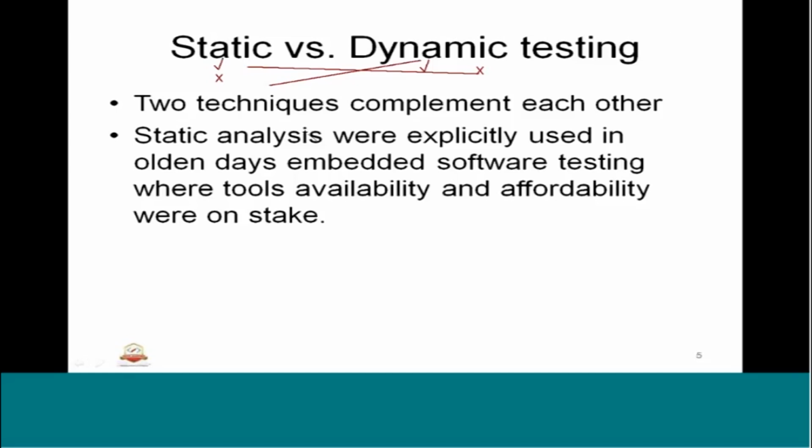So static analysis was explicitly used in olden days embedded software testing, where tool availability and affordability were at stake. Just imagine that there are no tools to test when the program is executing. How can we test it? It's very difficult.